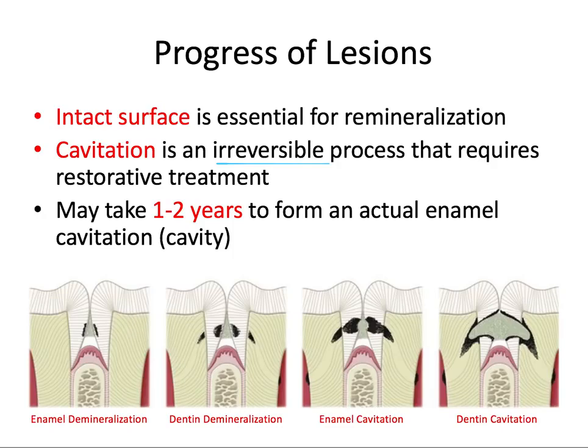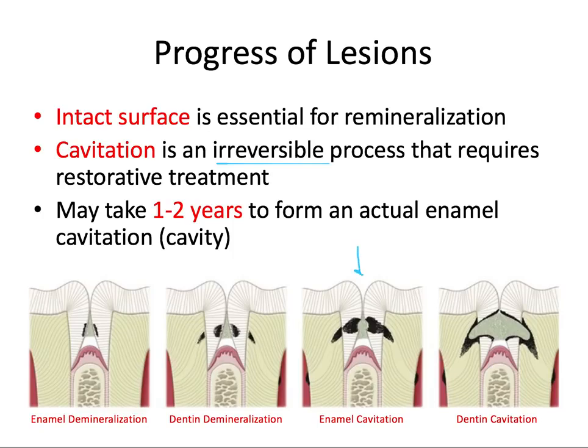So the order, and I have seen this as a board exam question by itself, is enamel demineralization first, the surface remains intact. Then we get dentin demineralization, so we start to see just little evidences of these tiny little demineralized regions of dentin, and then we get that enamel cavitation.